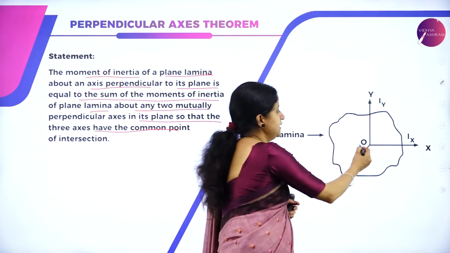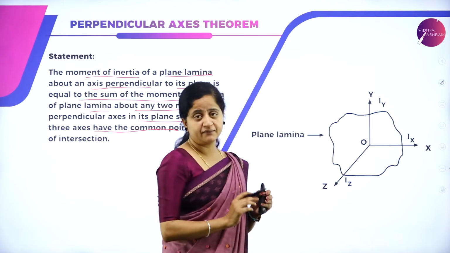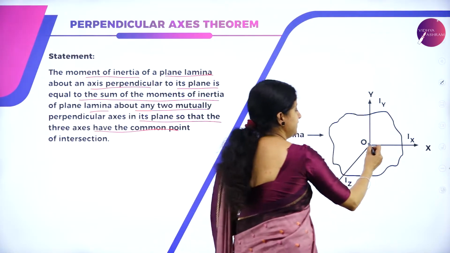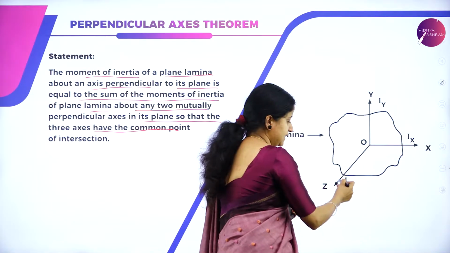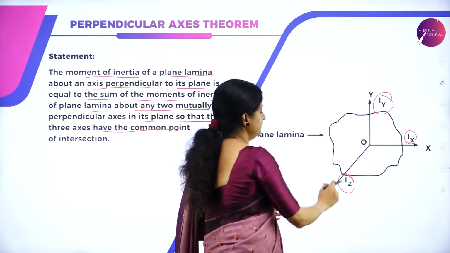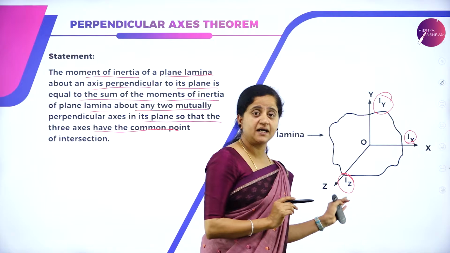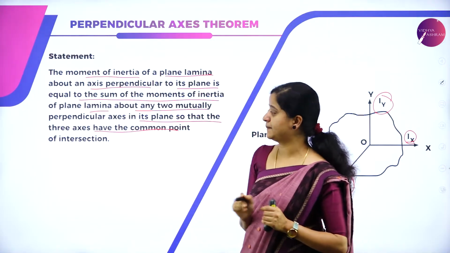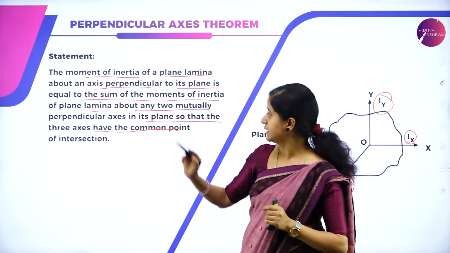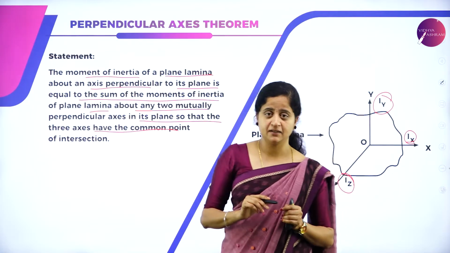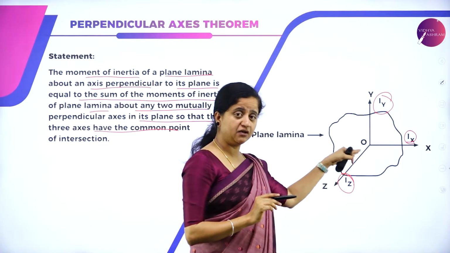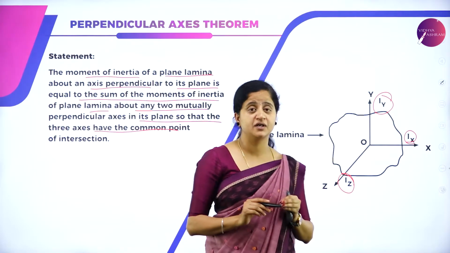Say for example, this is a plane lamina I have considered. A plane surface I have considered, where we have x-axis, y-axis as well as z-axis, and the moment of inertia along z-axis is Iz. So it is saying that the moment of inertia of a plane lamina about an axis perpendicular to its plane is equal to, here we have axes which are perpendicular to each other and also perpendicular to the plane.